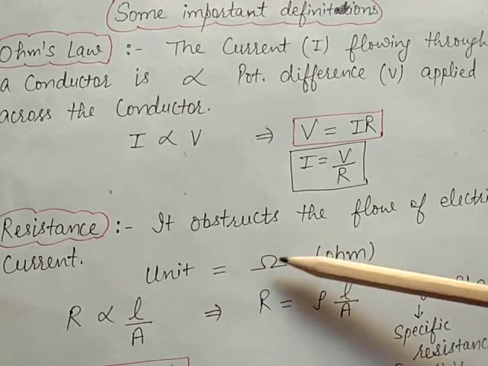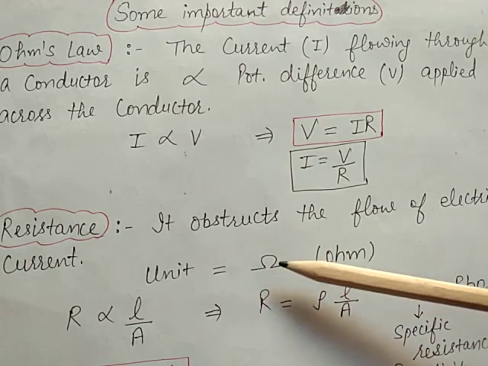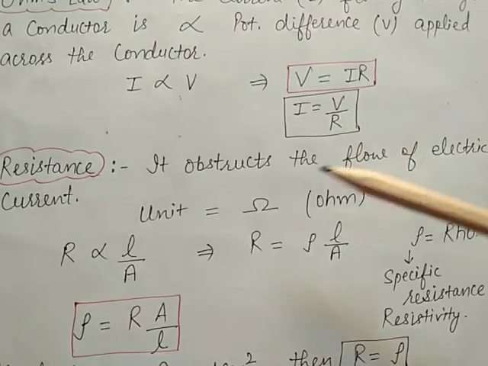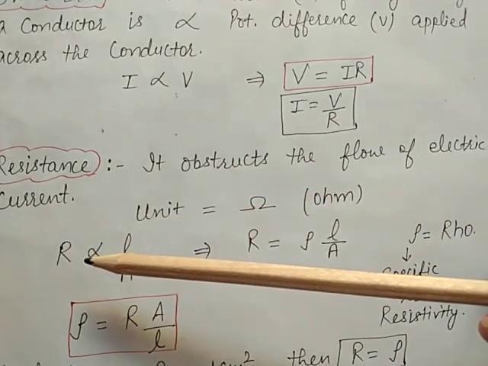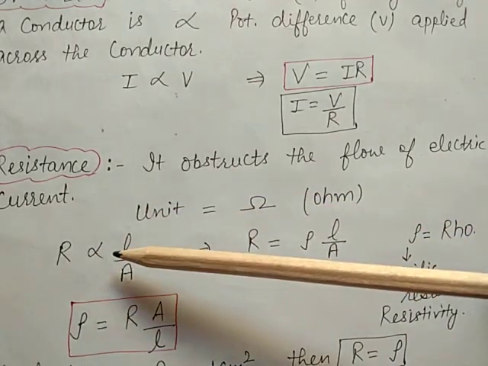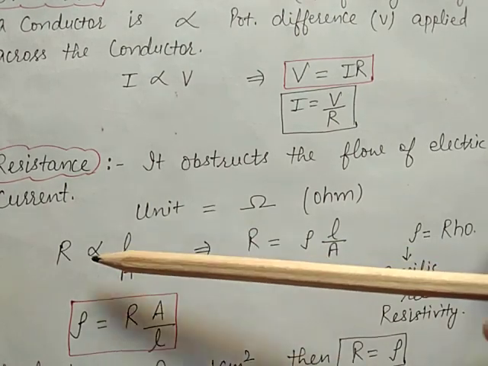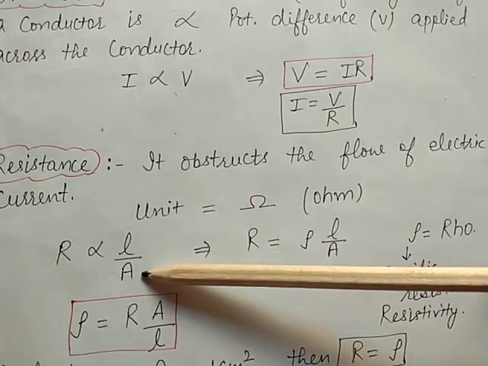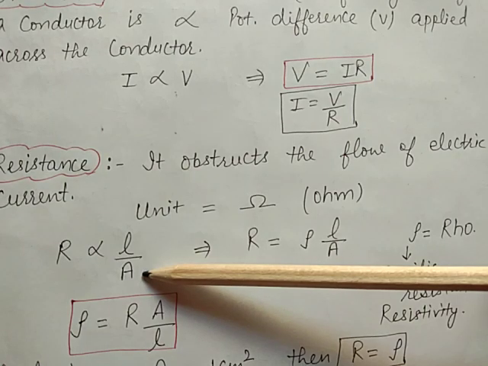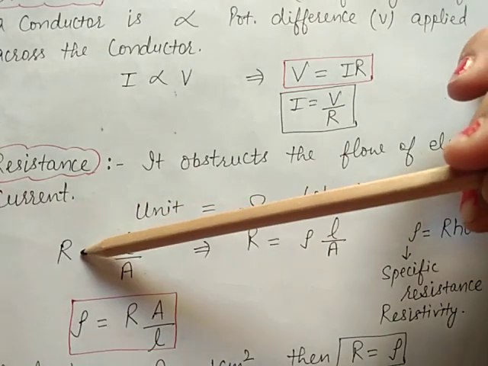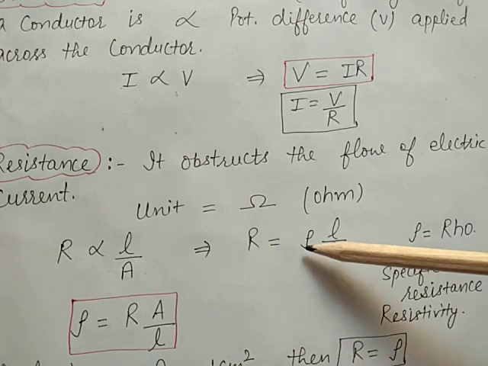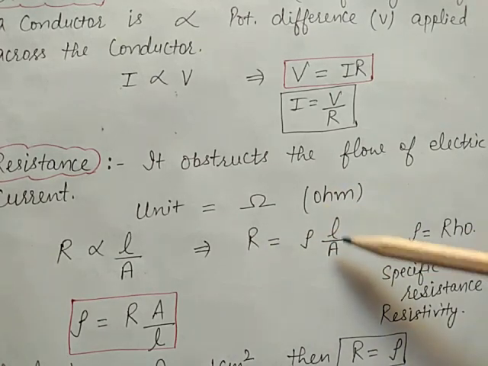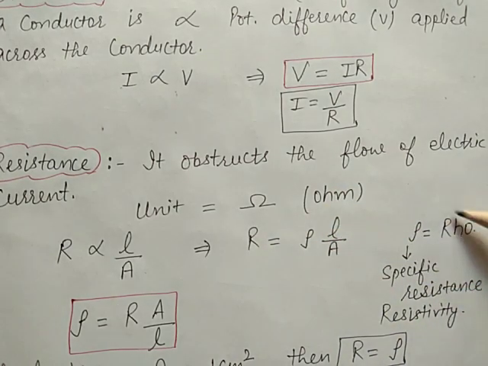This sign is used. Resistance is directly proportional to the length and inversely proportional to the area of cross section, A. Means R is proportional to L by A. R is equal to rho L by A. This is rho.